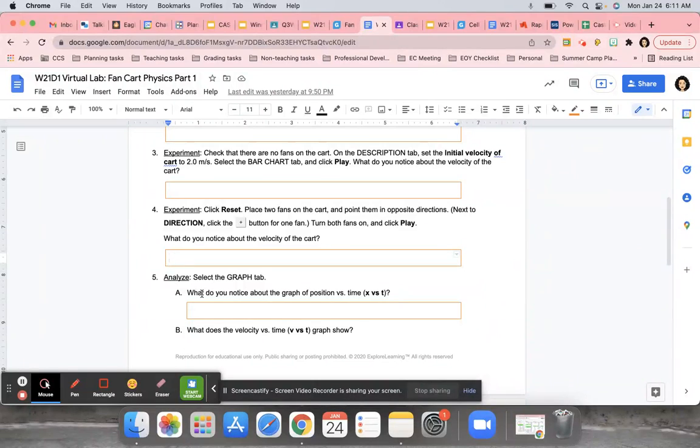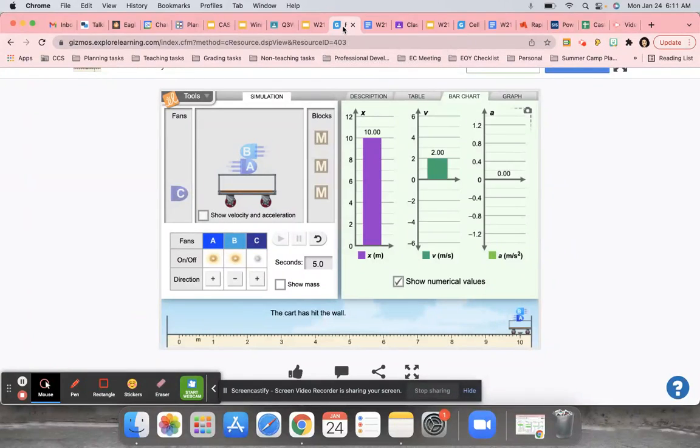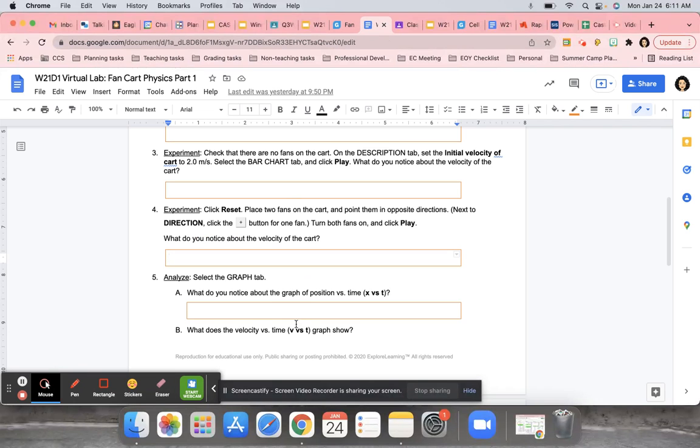So did the rope move? So the same thing with the cart. It's already moving. Did it change its velocity?